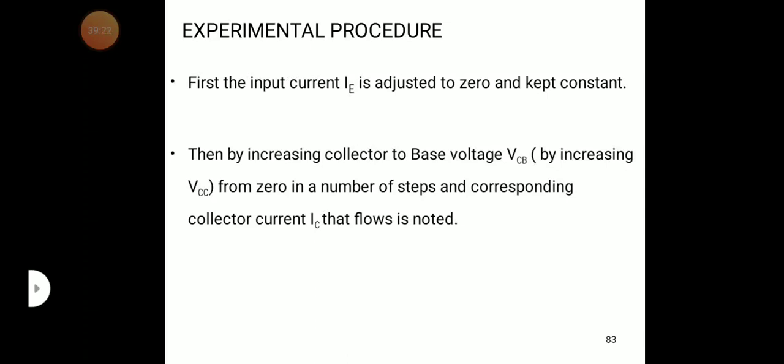Then the collector to base voltage VCB is increased by increasing VCC from 0 in a number of steps, and the corresponding collector current IC that flows is noted.